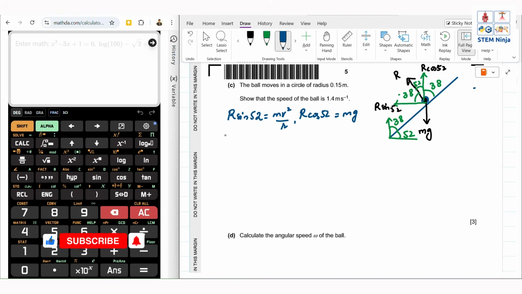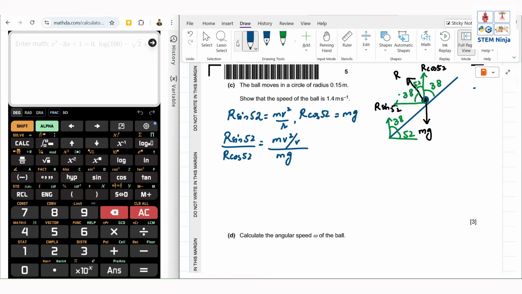Now, if we divide both sides, R sine 52 divided by R cos 52 equals mv squared over R divided by mg. See what can be simplified. R and R get cancelled, m and m get cancelled. We're left with sine over cos. That leaves us tan 52 degrees equals v squared over Rg.